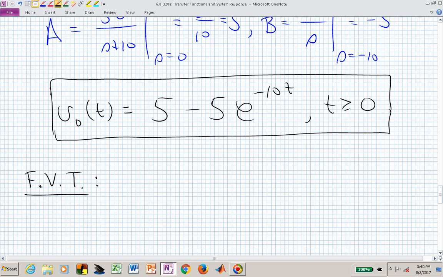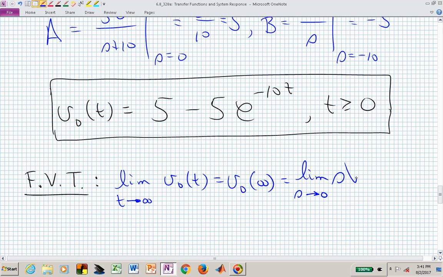The final value theorem allows us now to say that the limit as t goes to infinity of this output voltage v sub 0 of t is now v sub 0 of infinity, which is the limit as s goes to 0 of s v sub 0 of s.